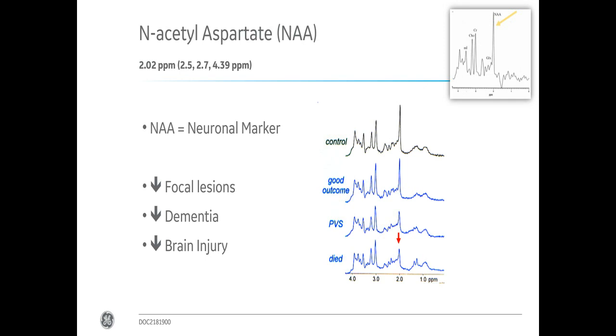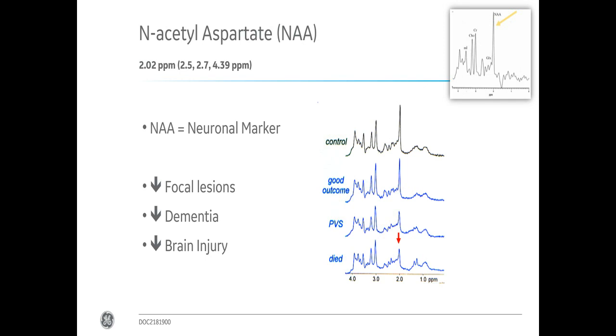We see NAA changes in a lot of diseases. For example, in focal lesions there's a loss of neurons. The same in tumors, where NAA drops, dementia and other neurodegenerative diseases, NAA drops, and also other brain injuries where the tissue is damaged, this NAA peak drops.